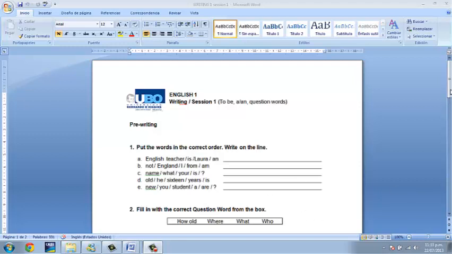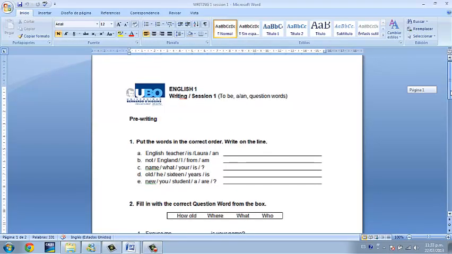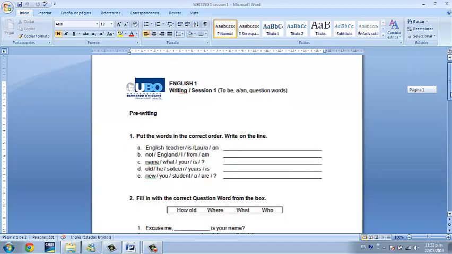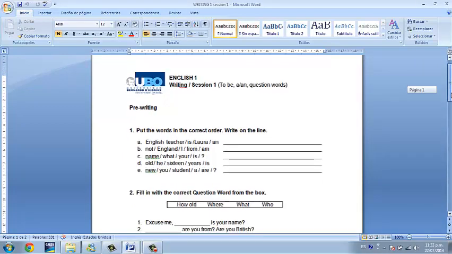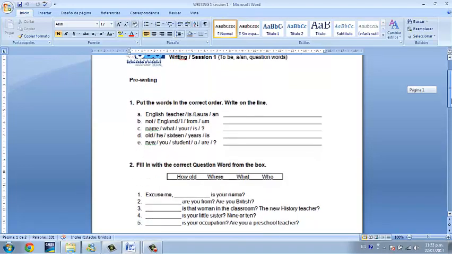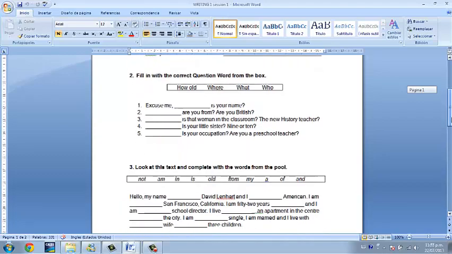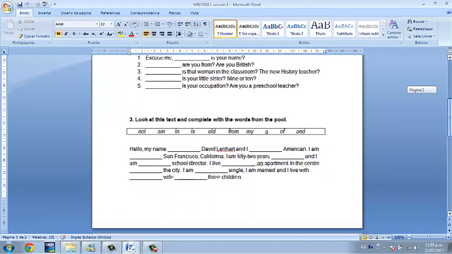Here I have the first handout that I created for them, English 1 for my PE students. We have a pre-reading activity, which is like word order basically, then fill in with the correct question word from the box, then the same thing, trying to apply the same words that they have in the box.